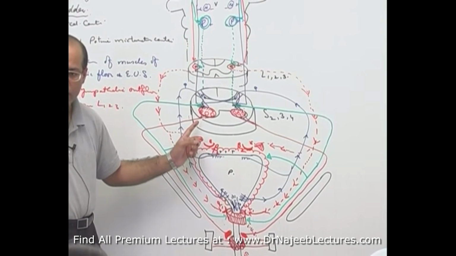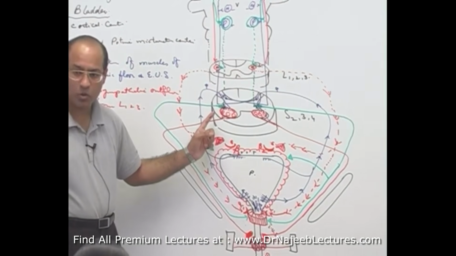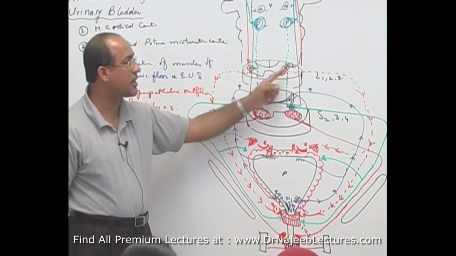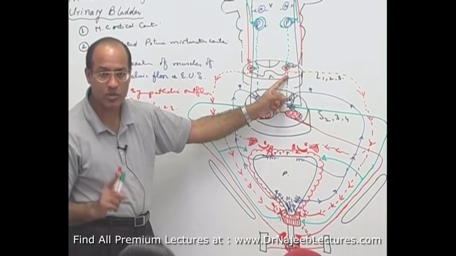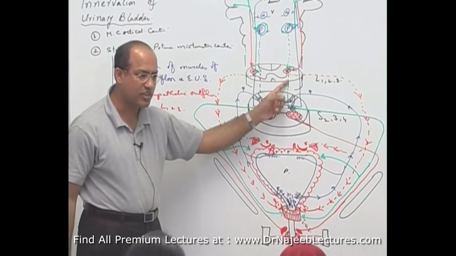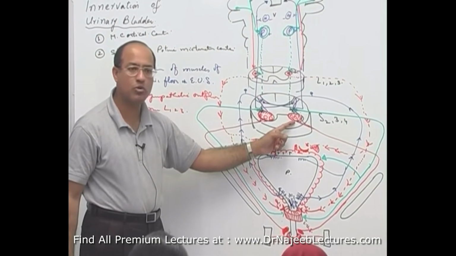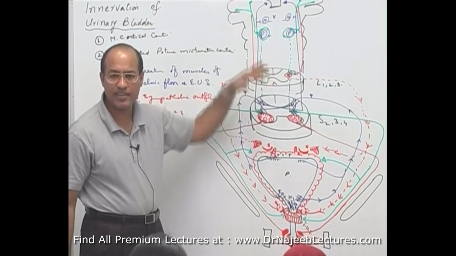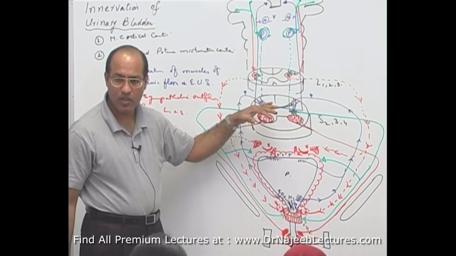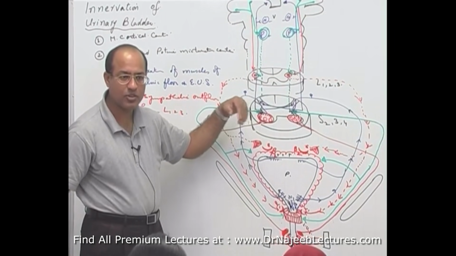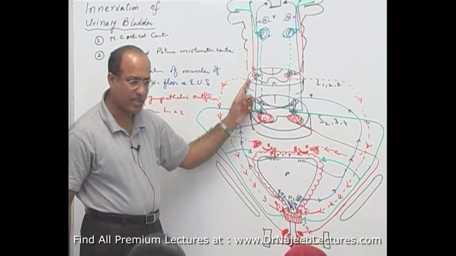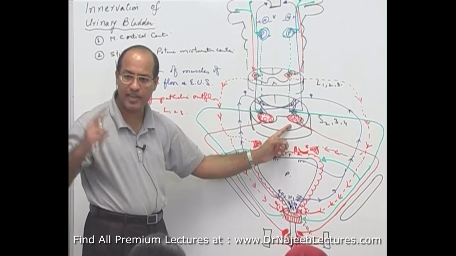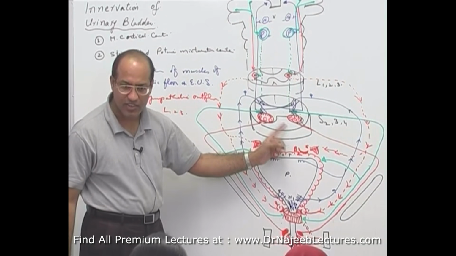Previously, when he was holding the urine, sympathetic outflow was facilitated and parasympathetic outflow was inhibited by the higher center. Now, higher centers have decided to void the urine, so sympathetic centers have been inhibited and parasympathetic centers have been facilitated by the higher descending pathways.